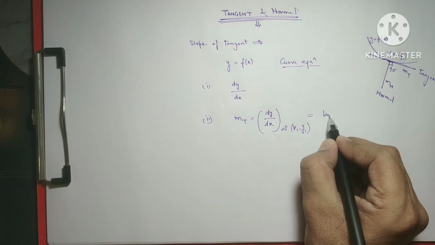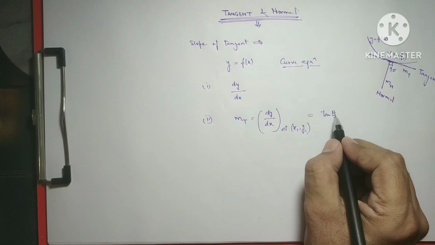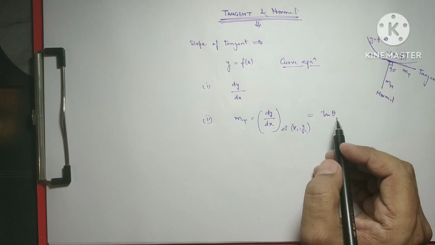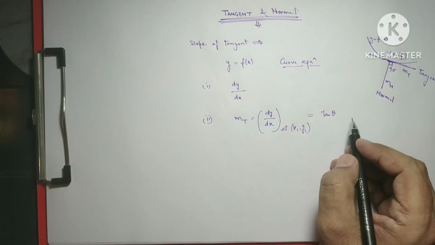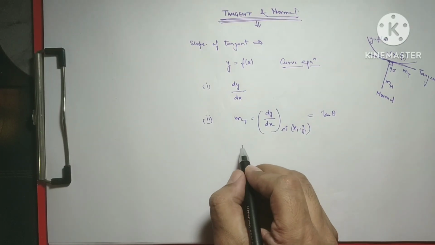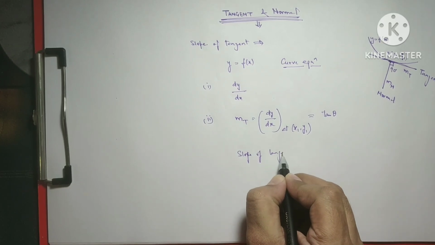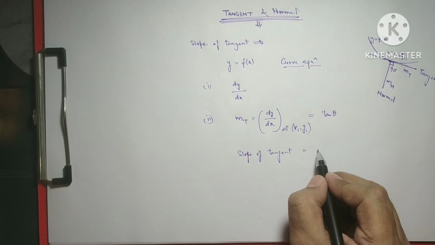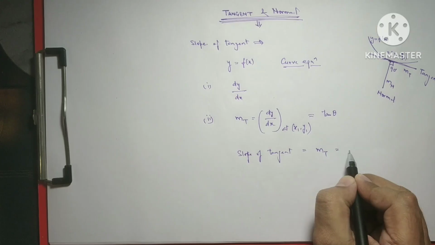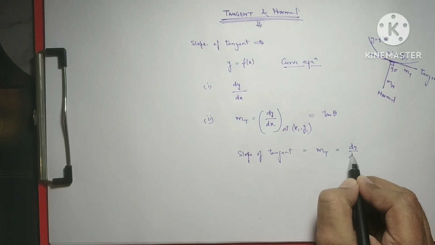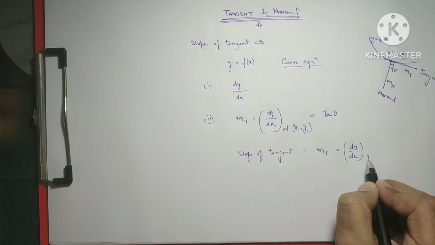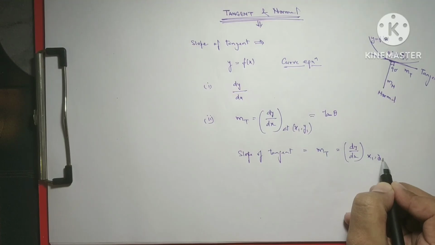You can say tan theta, this is the angle formed with positive x-axis, means the slope of tangent is mt, or you can say dy over dx at given point (x1, y1).